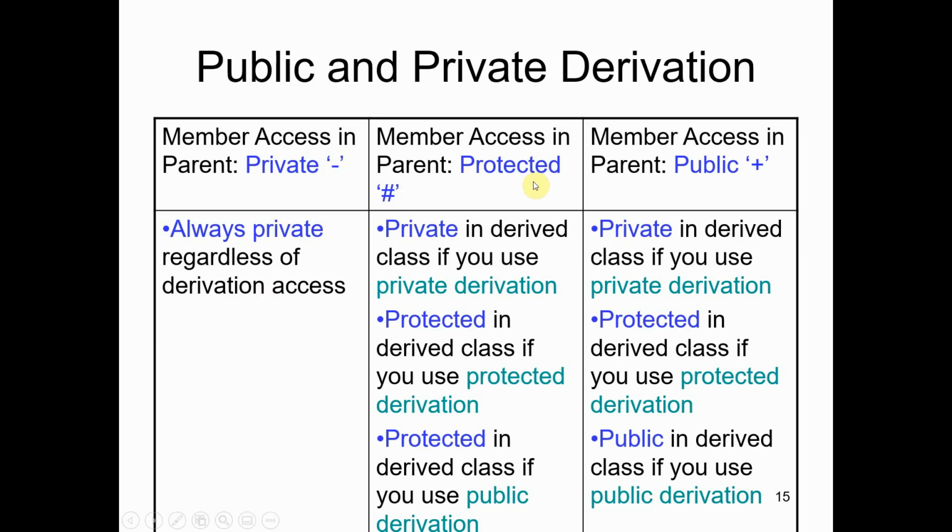It can be protected or private in the subclasses. It will be private if you use private in a derived class, and it will still be protected if you keep it protected. However, it cannot be public.